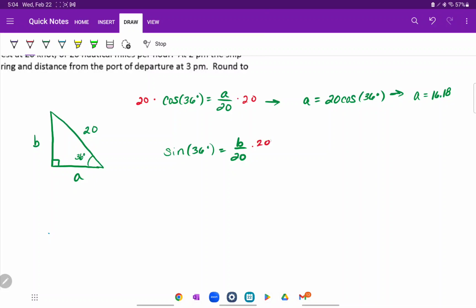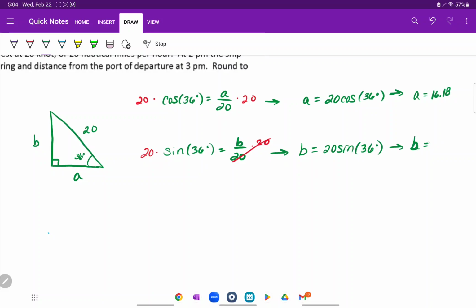I'm going to multiply both sides by 20. That gives us B equals 20 times sine of 36 degrees. And into our calculator it goes, giving us B to be equal to 11.76.